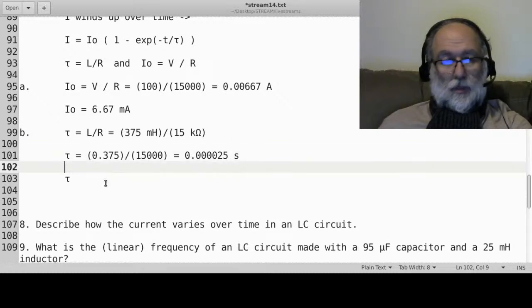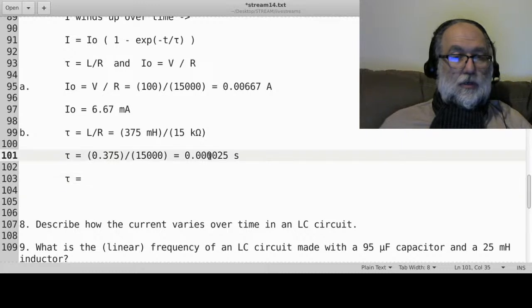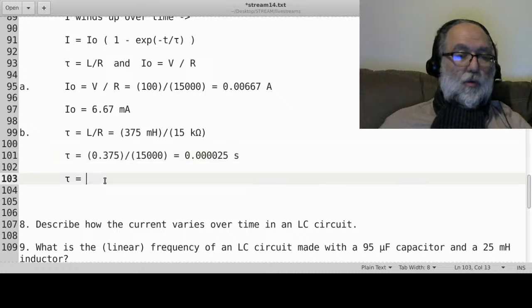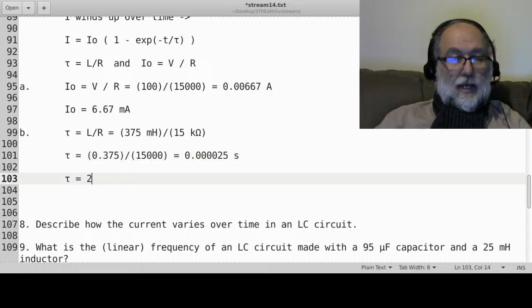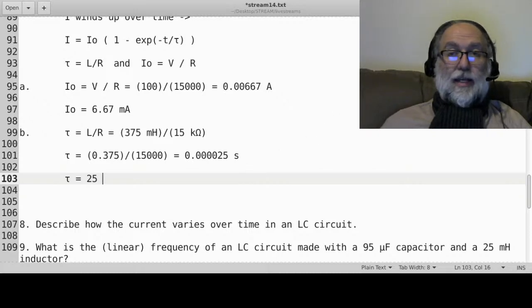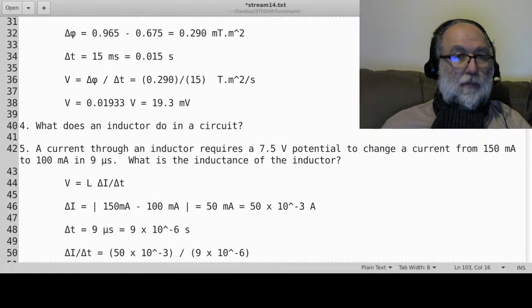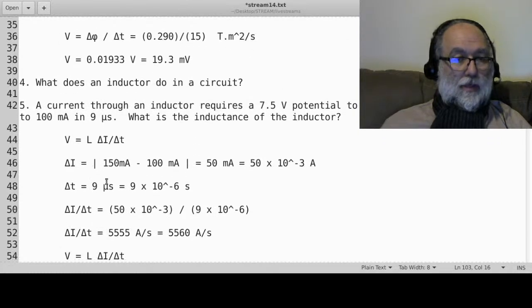So move the decimal over 6. If we move it over 6, that's going to be 25. And because we moved it over 6, that is micro. So let me get my micro up here. I'm just doing a cut and paste.